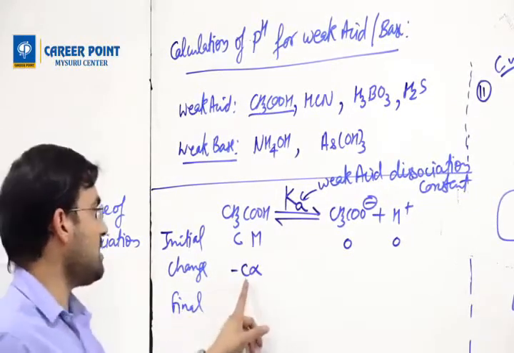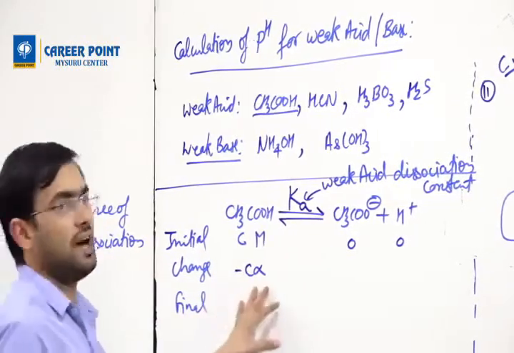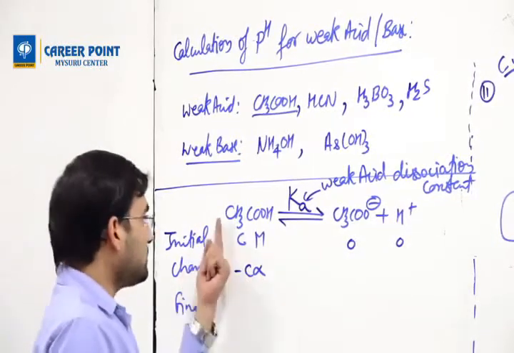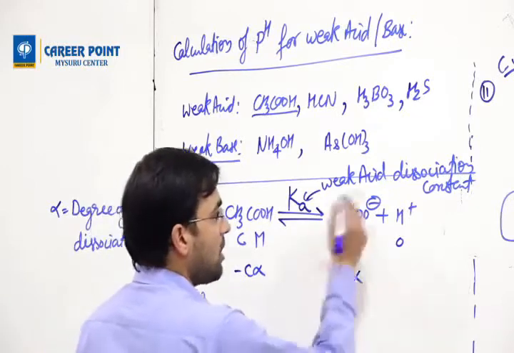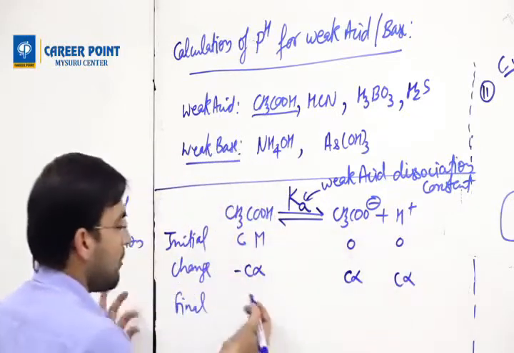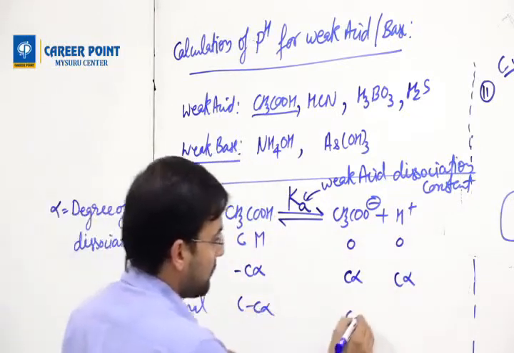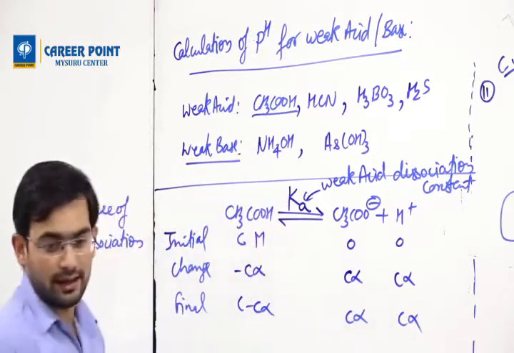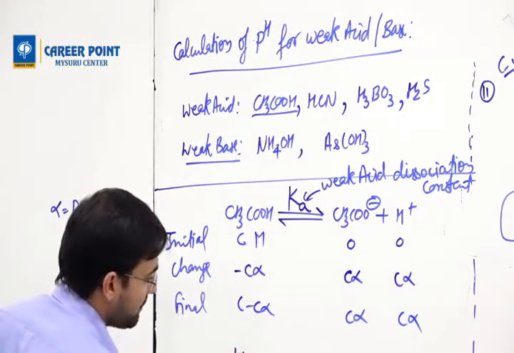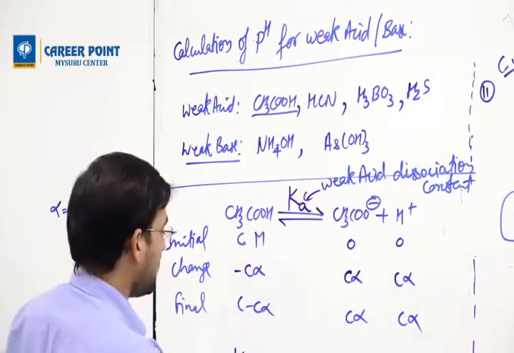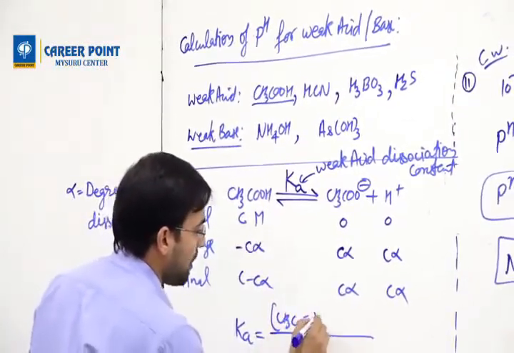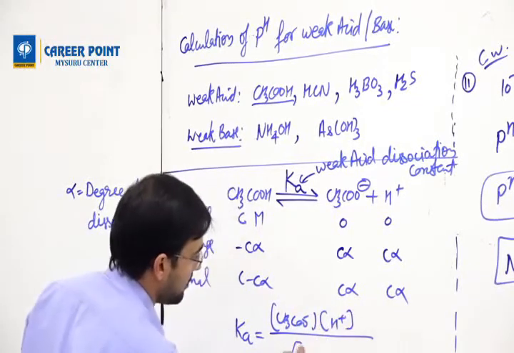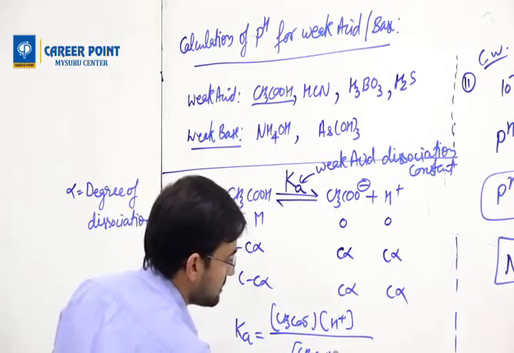Okay. So C is the concentration, C times alpha. So this is the change. This is minus because it's a reactant, 1:1. So C alpha. Then how much final? C minus C alpha. Done. Then I'm going to write Ka, the equilibrium constant, using the equilibrium expression: CH3COO minus and H plus divided by CH3COOH.